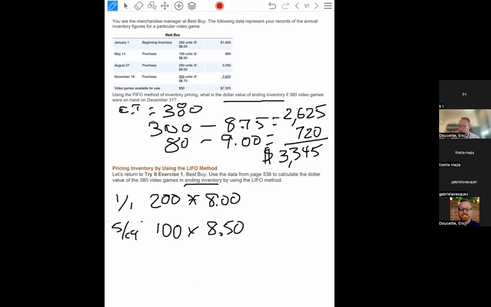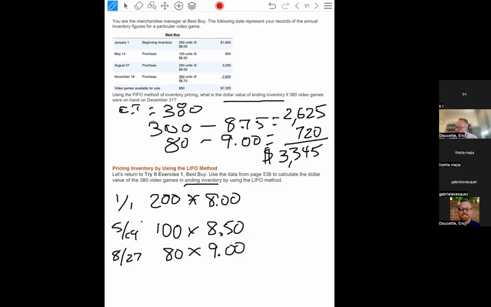And then on August 27th, there was more put in, but I need 80 more to keep my 380. There was 380 still remaining. So that means of the 250 units that were put in August 27, all but 80 sold. So I only have 80 left. And then multiply those by $9.